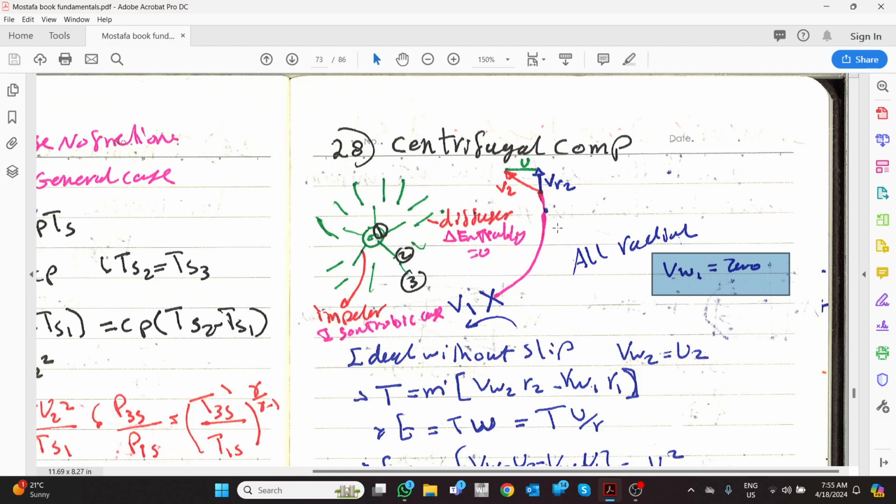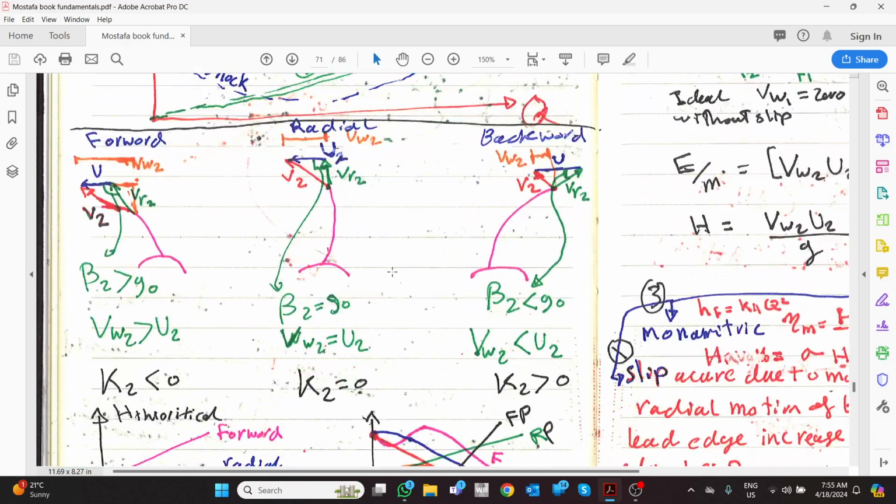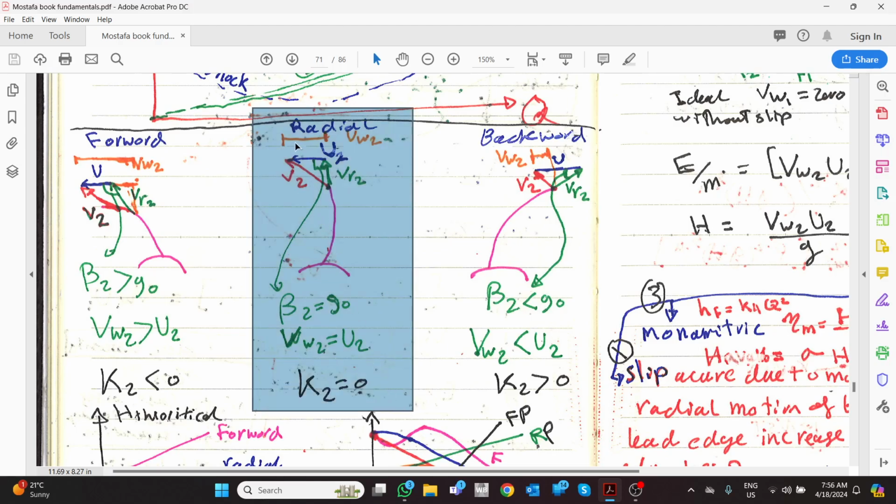And here is a point about the runner, not like the centrifugal pump. Here in the centrifugal compressor, the runner or the impeller gives the relative velocity from the plate or the angle. It is almost radial. A centrifugal compressor is manufactured to ensure it is a radial outlet only, which means beta 2, the angle of the plate at the outlet of the impeller, should be equal to 90.